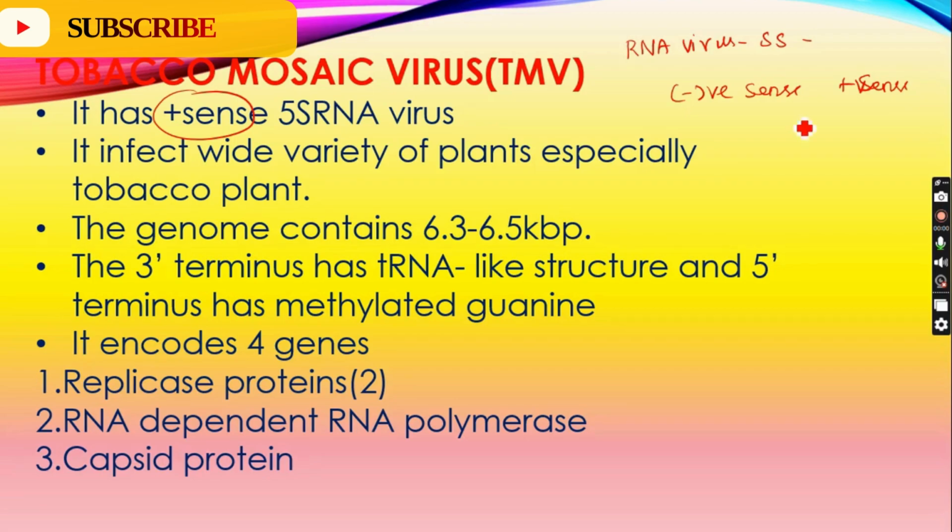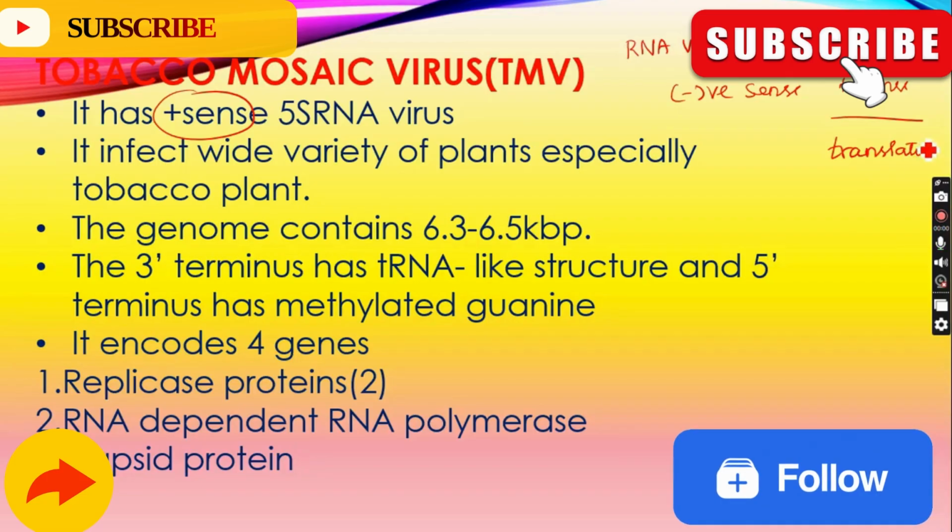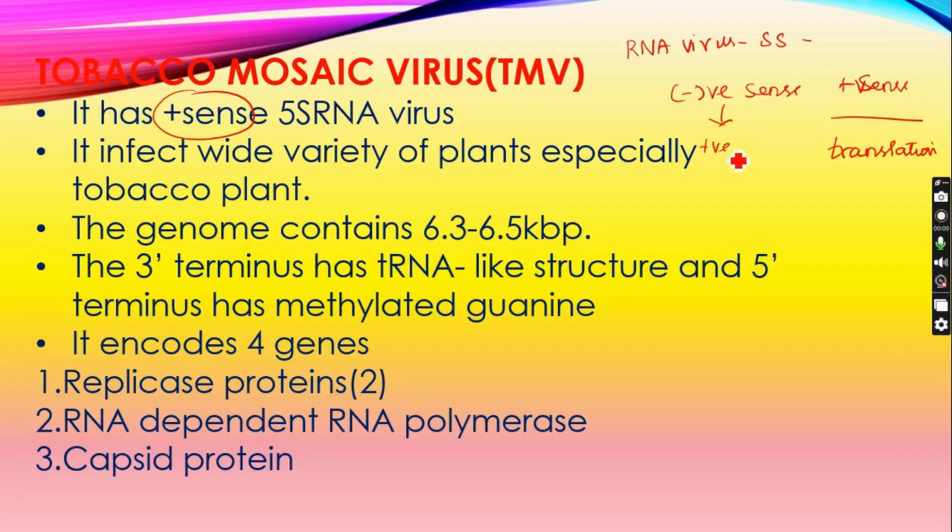Positive sense RNA can undergo translation directly, whereas negative strands have to synthesize their positive sense by polymerization action. Then through its positive sense, it undergoes the translation process.